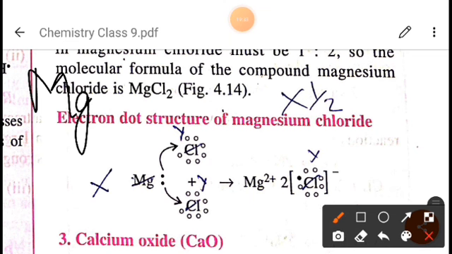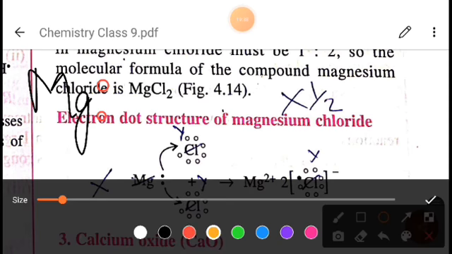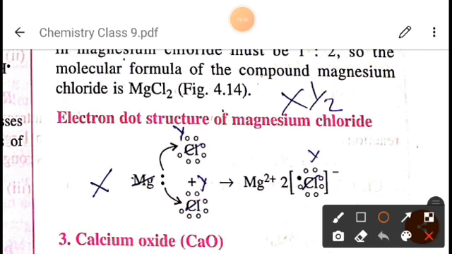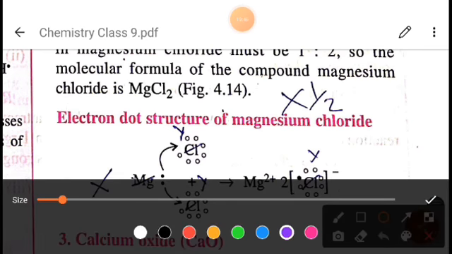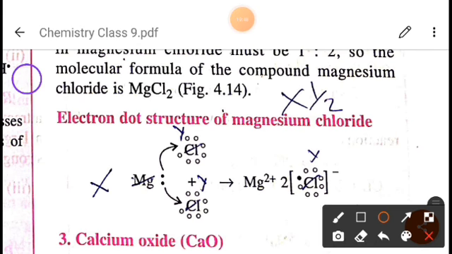This is magnesium, carrying 2 electrons in its outermost shell, one here and the other one here. Now we have two chlorines here.